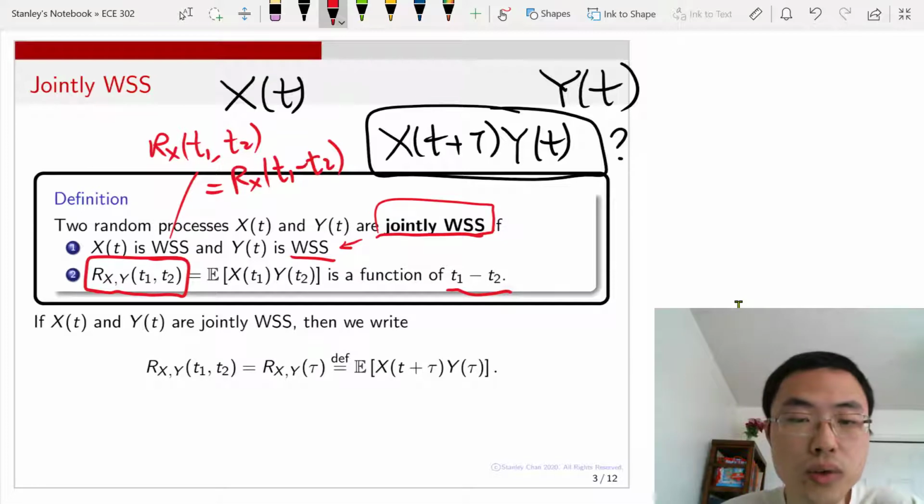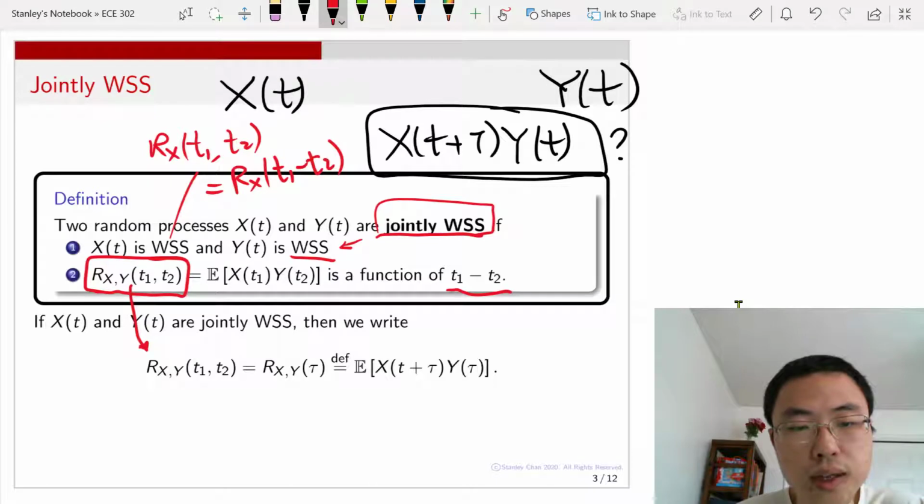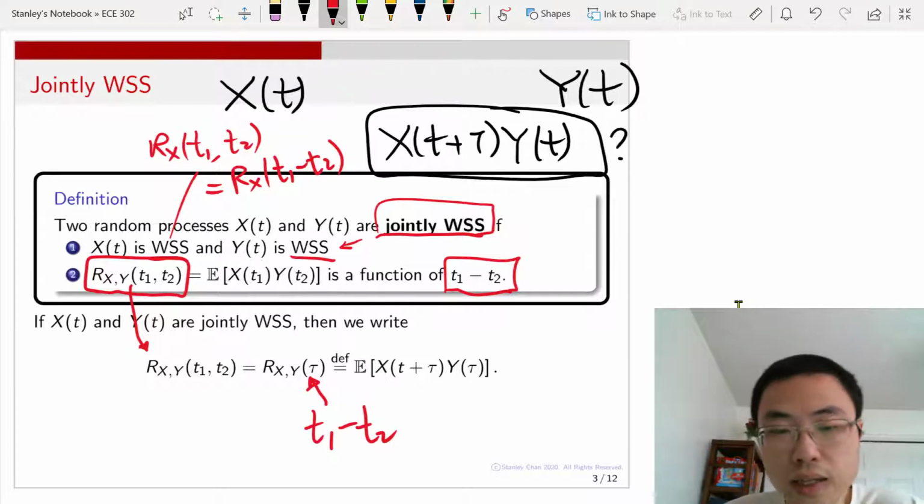And here is what we call jointly wide-sense stationary. If your cross correlation function Rxy of t1 and t2 can be written in terms of t1 minus t2, where t1 minus t2 is defined as tau, then they are jointly wide-sense stationary.